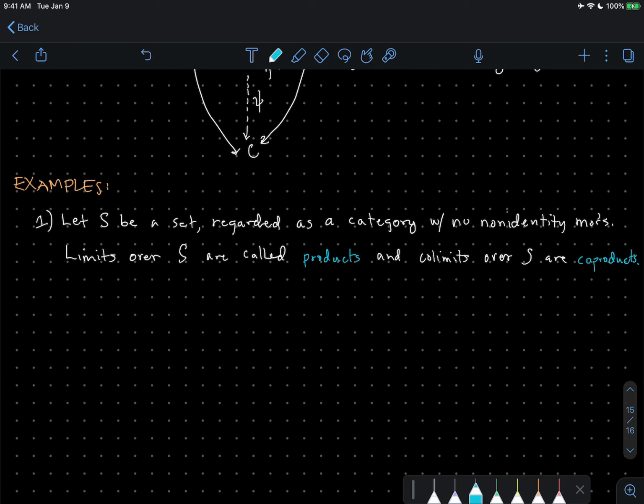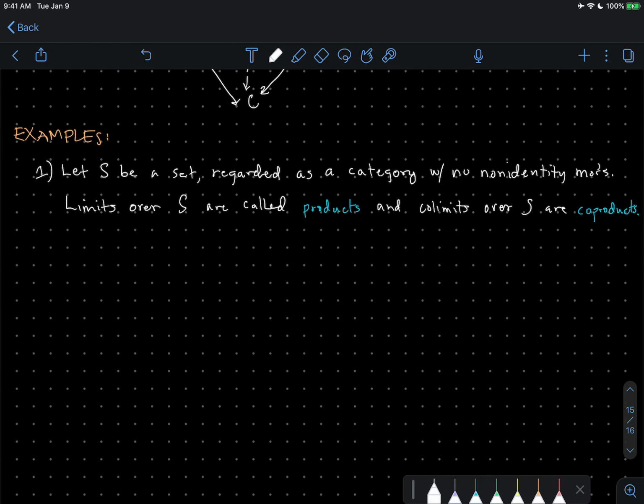Now, just to clarify, when I say that I'm taking limits over a certain category, I mean a limit of any functor from that category. So a limit over a category S is the limit of any functor from S to some other category.